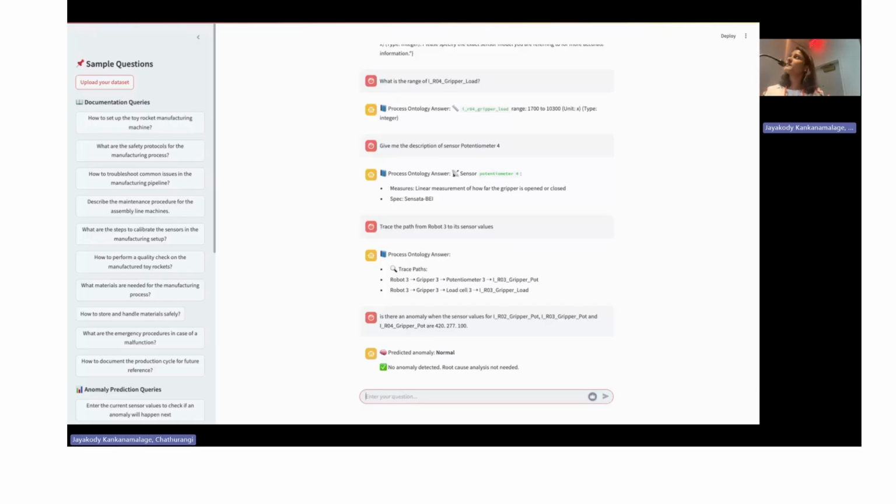That particular knowledge graph includes all the sensors and the robot types involved. So you just have to call it through particular querying languages and you can use it. And if you have external knowledge sources like process ontologies, you can use them. It's pretty scalable to your needs.